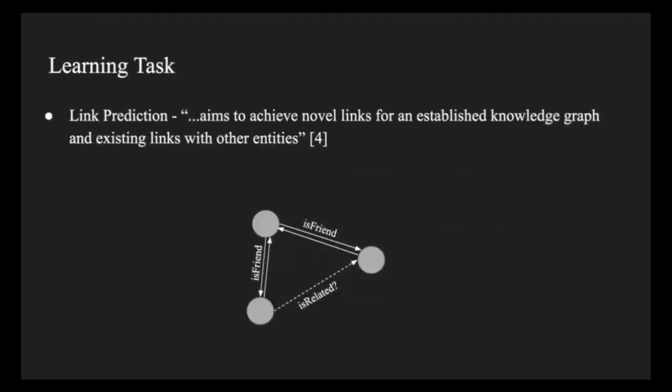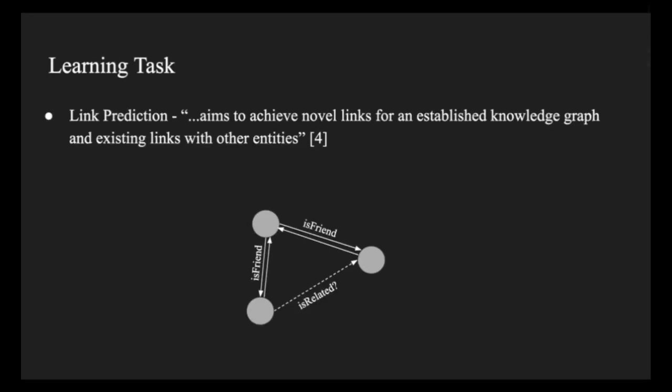An example of a learning task within link prediction can be seen in this small figure. As we can see, we have three nodes that we can call objects or subjects, depending on the type of relationship that we're seeing. The node on the top we can call A, the one on the bottom we can call B, and the one on the far right we can call C. Between A and B there is a relationship of they are friends.